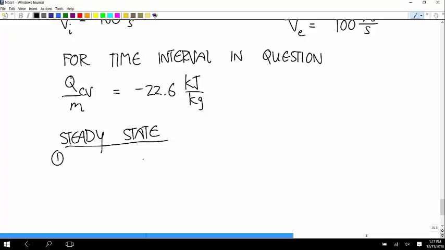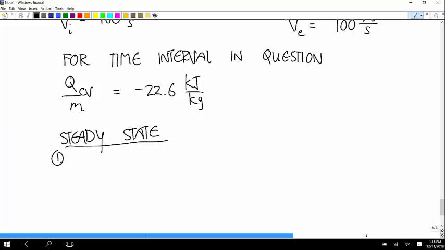But we can just think of, say, that the time interval that we care about is 54 seconds, you know, we can just use values in kilojoules and just think of that as a rate of negative 22.6 kilojoules per kilogram per 54 seconds. You know what I mean? So we can just do all this with those energies.